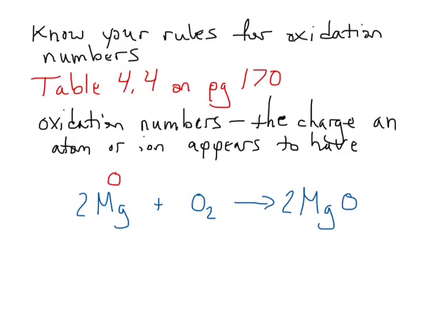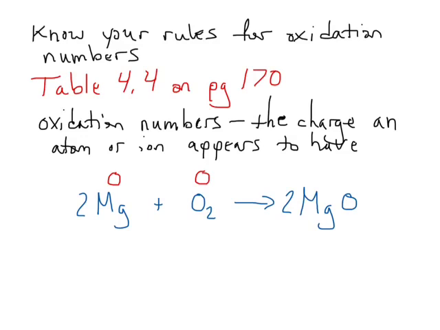Now let's take a look at oxygen gas. Oxygen gas is a diatomic element. Here it is showing up as O2. This would be oxygen in its elemental state. So because it is in its elemental state, not bonded to anything else other than itself, this would also have an oxidation number of 0.